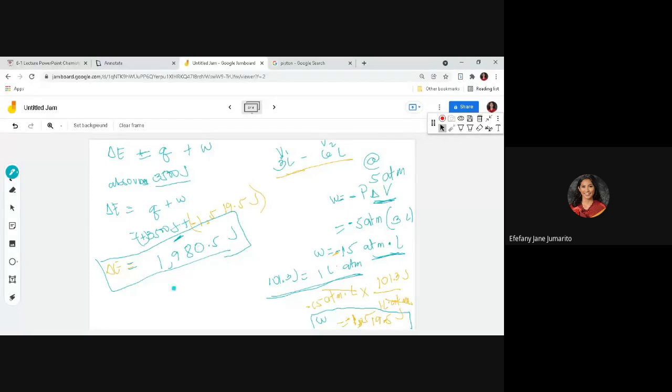It means that the system has absorbed this amount of heat for the volume of the gases to expand, 1980.5 joules.